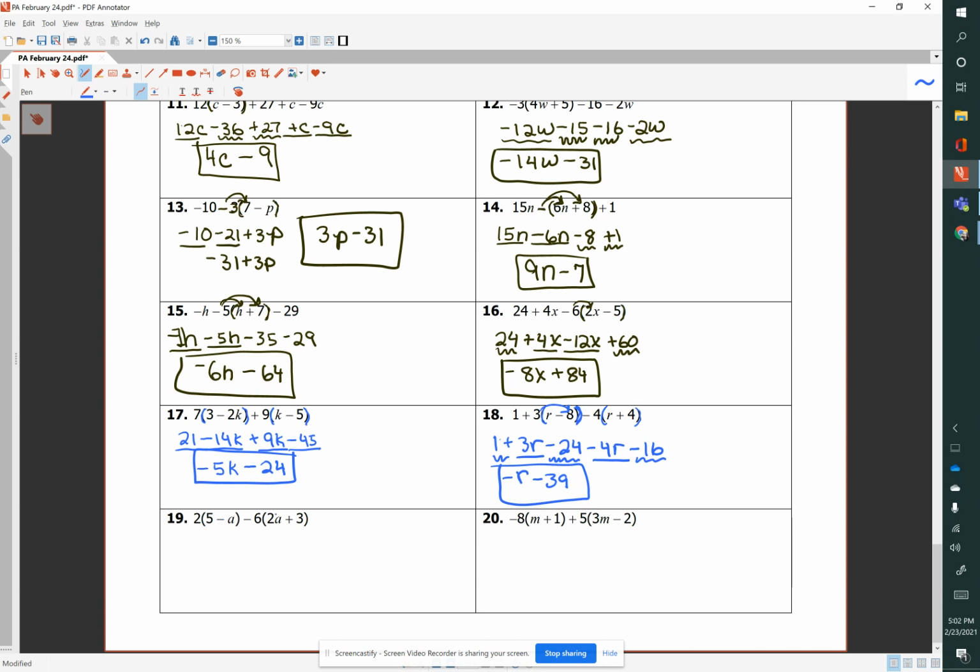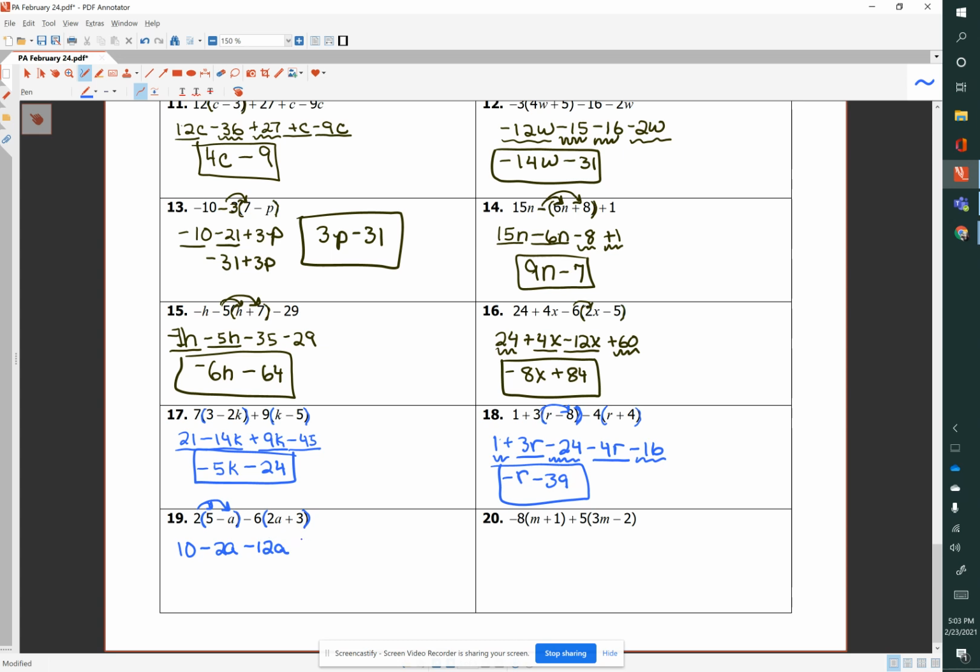Number 19, we have two quantities in this problem. 2 times the quantity of 5 minus a minus 6 times the quantity of 2a plus 3. So we need to do a lot of distributing here. 2 times 5 is 10. 2 times negative a, that's an invisible 1, is negative 2a. Negative 6 times 2a is negative 12a.